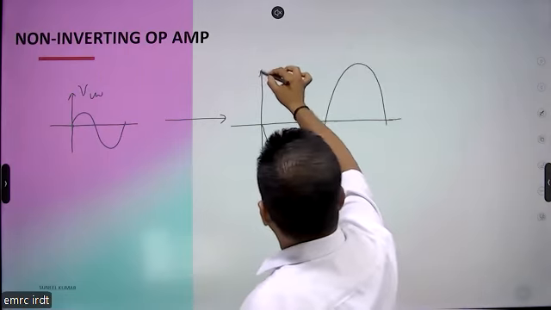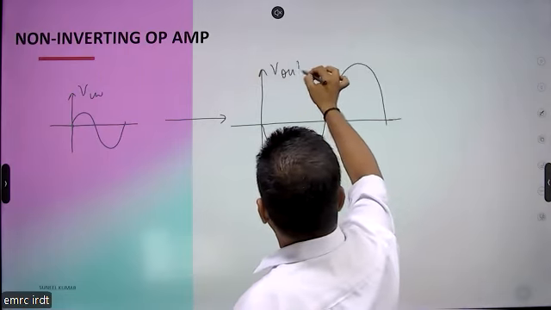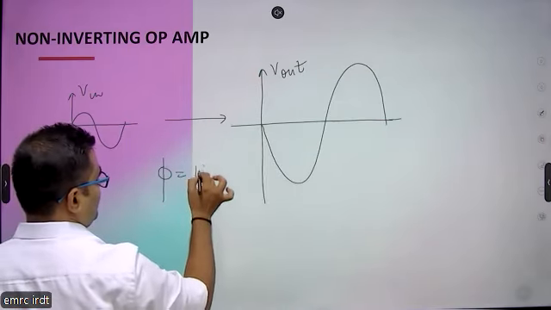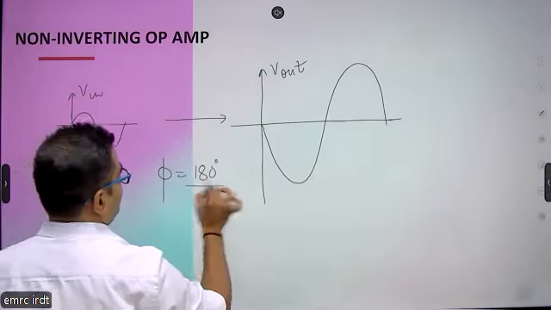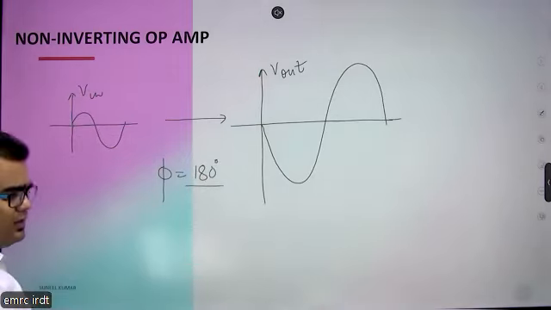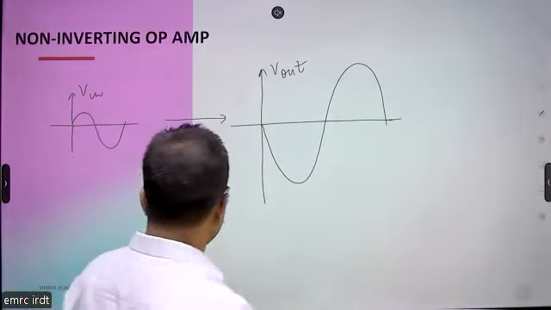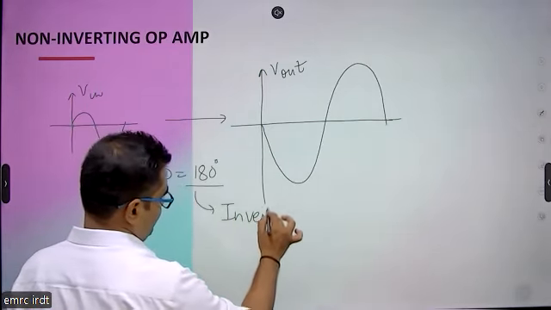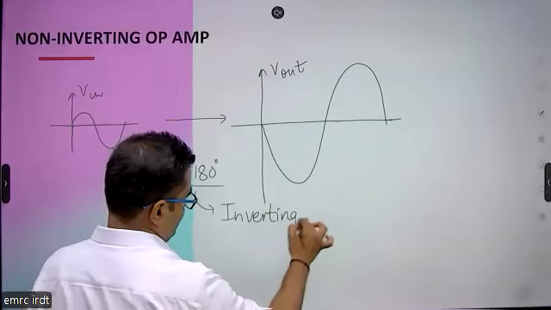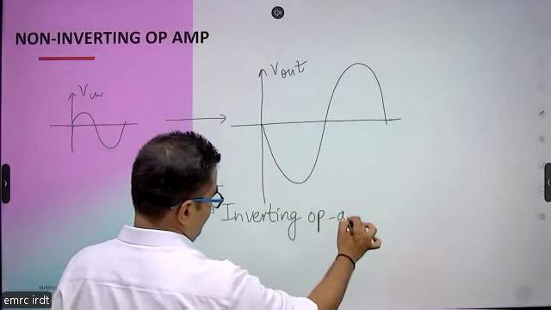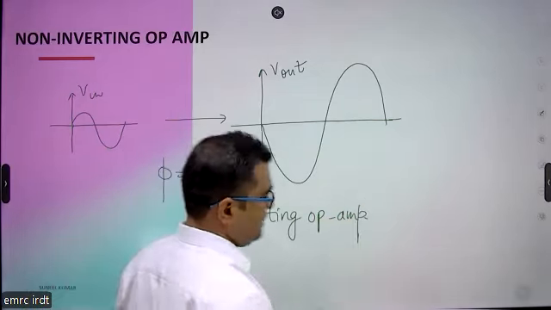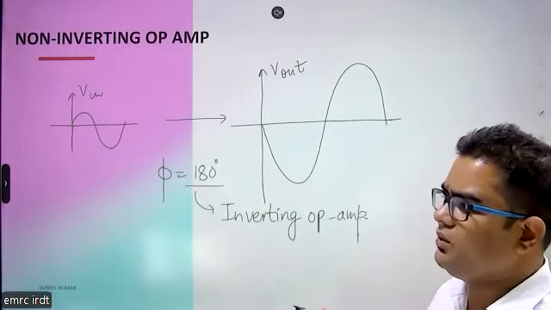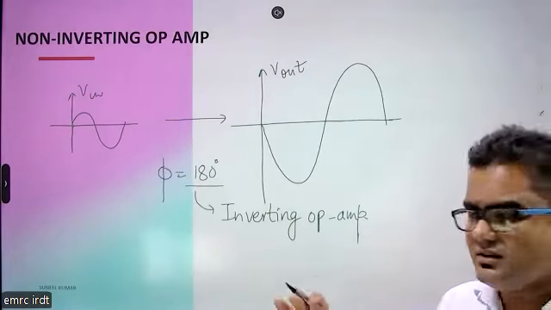So this is the output. There is a phase shift of 180 degrees in the case of the inverting operational amplifier. So we have connected the input at the inverting terminal only, and the non-inverting terminal is grounded.